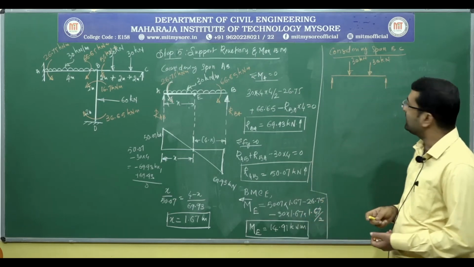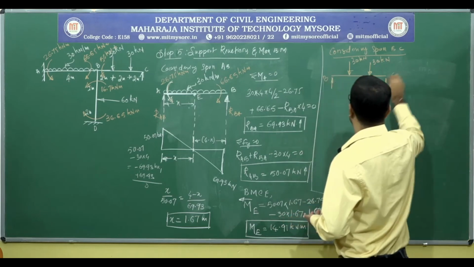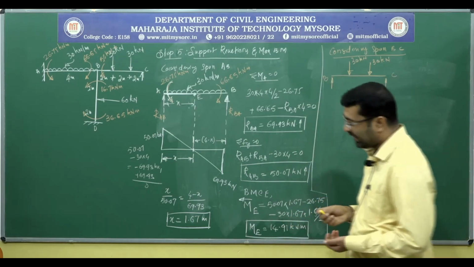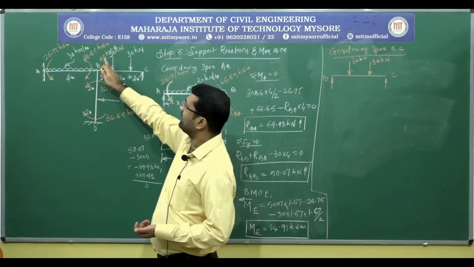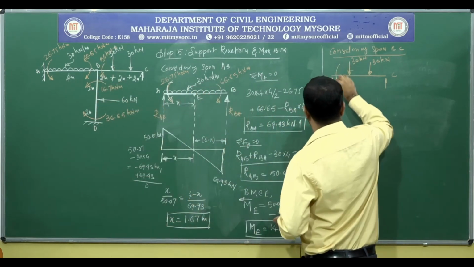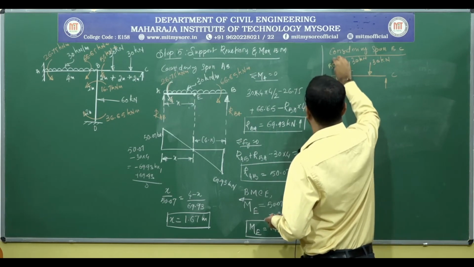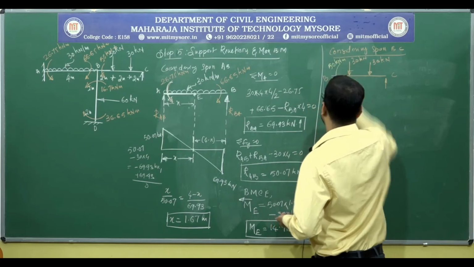Apart from this, on the span BC, we have one end moment, that is 50 kilonewton end moment at B point. So let me consider that also. So this is a 50 kilonewton meter end moment.